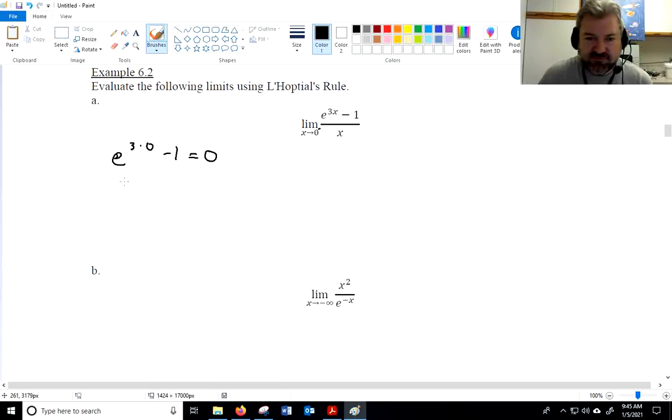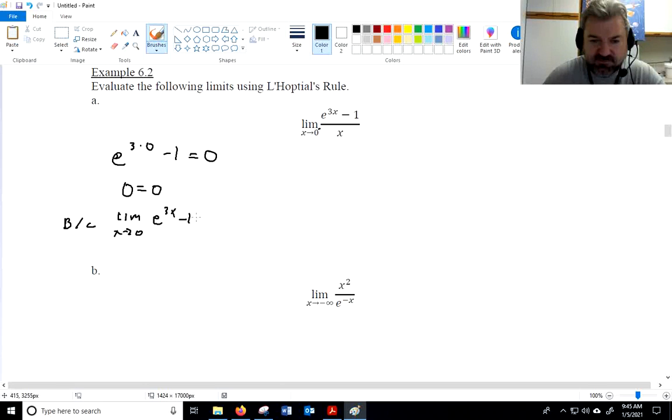And then, of course, if I plug in 0 for x, I get 0. So, because the limit as x approaches 0 of e to the 3x minus 1 equals 0.